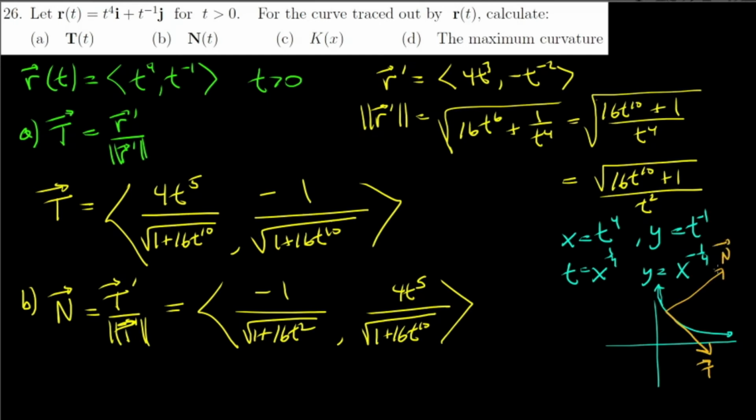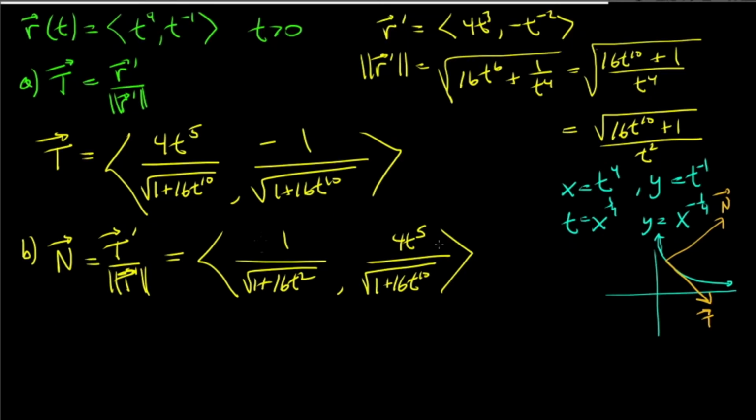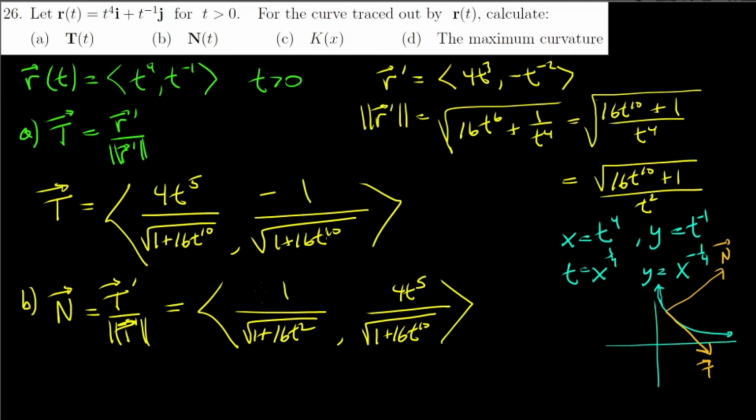So both x and y are positive. So which one should get the opposite sign? The first one. We want to make it a positive one. So that's it. In fact, I'm just going to erase the positive because it is a 1. And there you go. So that's the easiest way to get n. If you're using the definition, you're probably not even halfway there yet.